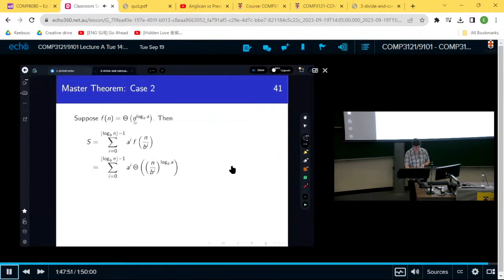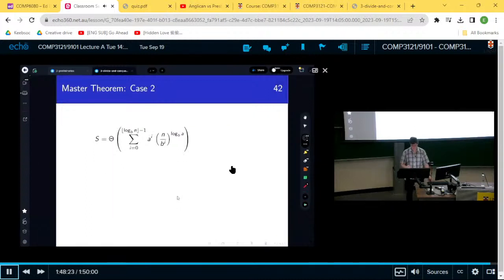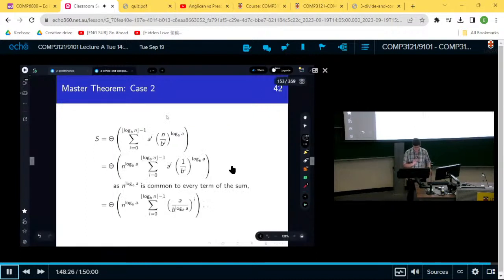Basically, that just means that we replace the n by n divided by b to the power i. That's all we did here. And now we can take the theta out and say that all of this is big theta of this, and we didn't change anything else. That's by the properties that we saw about the big theta notation and the big O and big omega. Okay, so now we've written our sum like this.